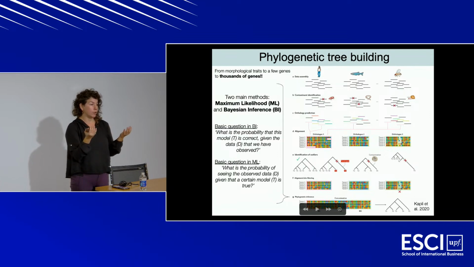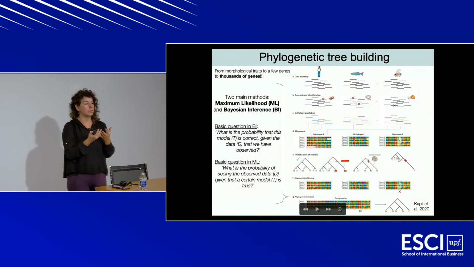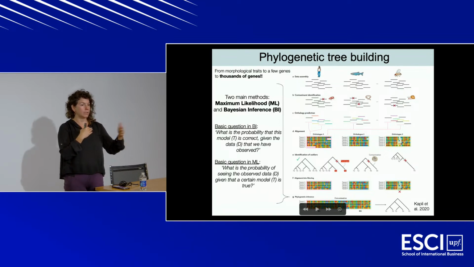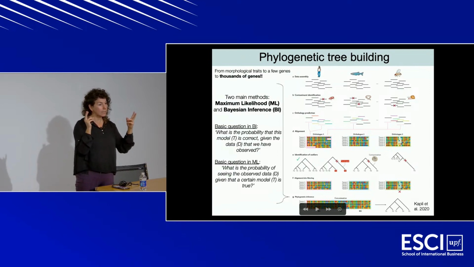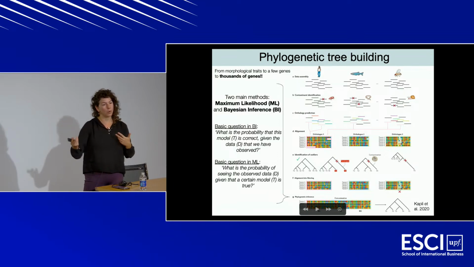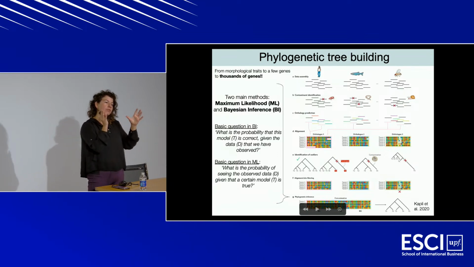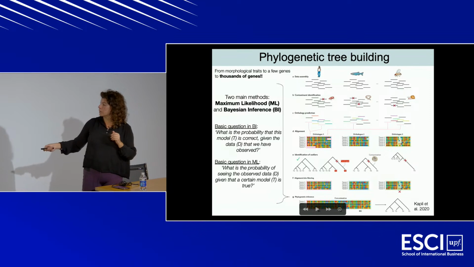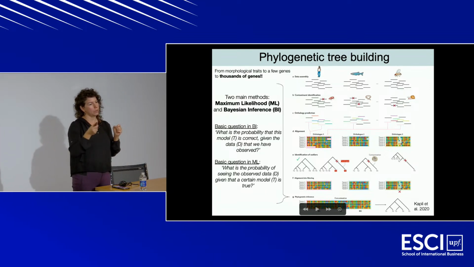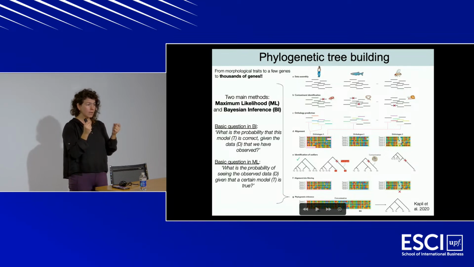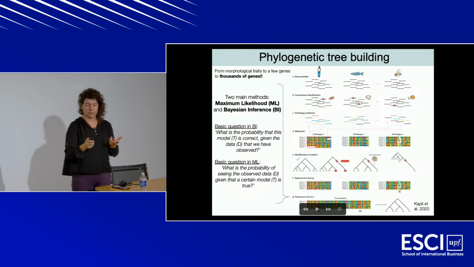Because we know that from a chemical point of view, changing one amino acid for another is not equally probable. There are some changes in amino acids that are easier from a chemical point of view than others, and we have a series of matrices to compare the different alignments and give each change that we observe a different weight. And this is what the algorithms take to build the trees.